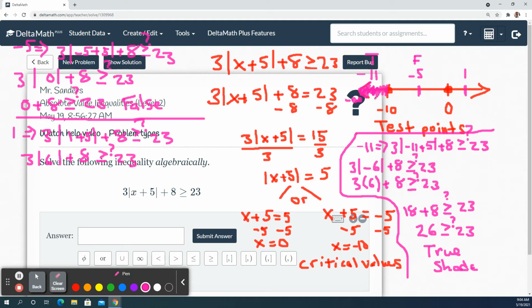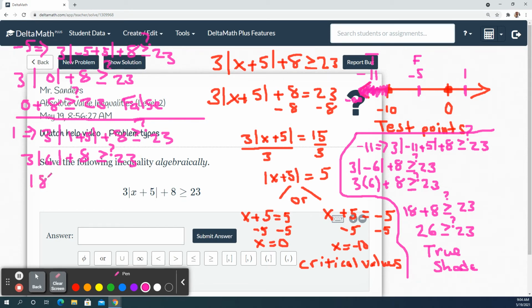And just as a bit of advice as we're doing these, you cannot pick the critical values. Usually we love to pick 0, but 0 will land us right here. It will be equal to 23 if we do our math right, and that's not going to help us. We're checking the regions. You have to check regions. You cannot check the critical values.